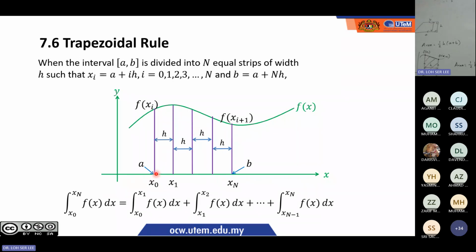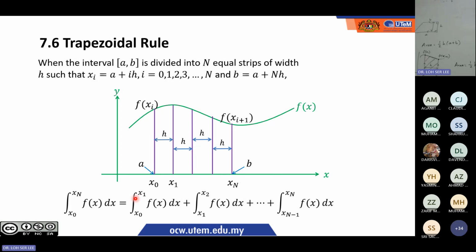So we will break the integration into x0 to x1, then x1 to x2, x2 to x3, and so on.